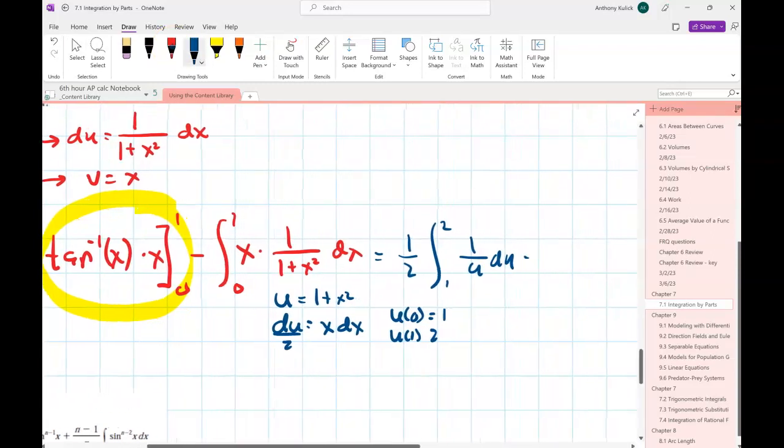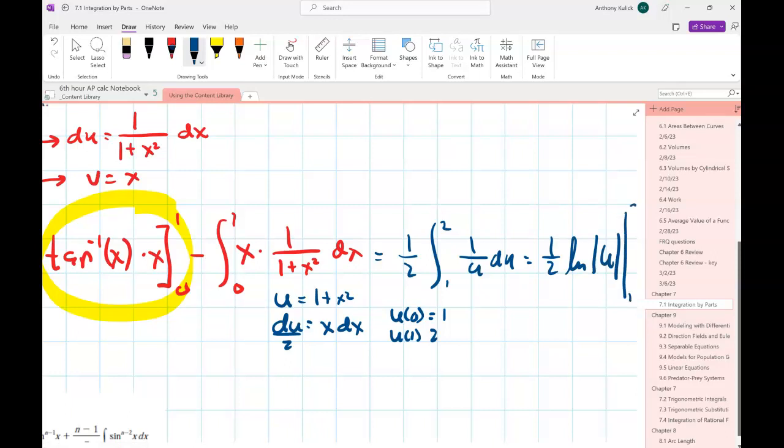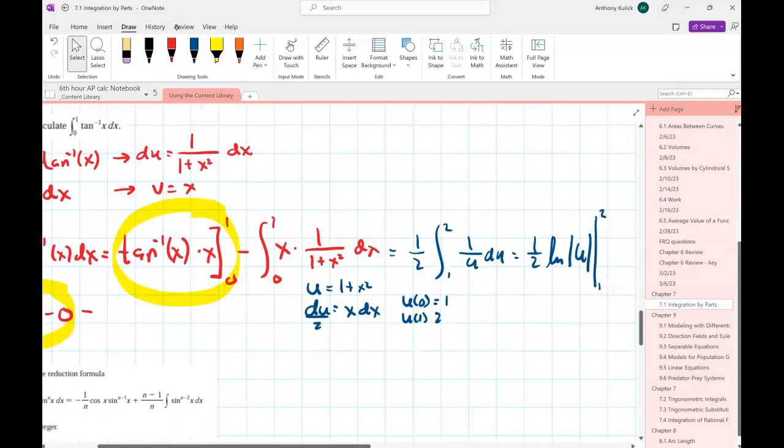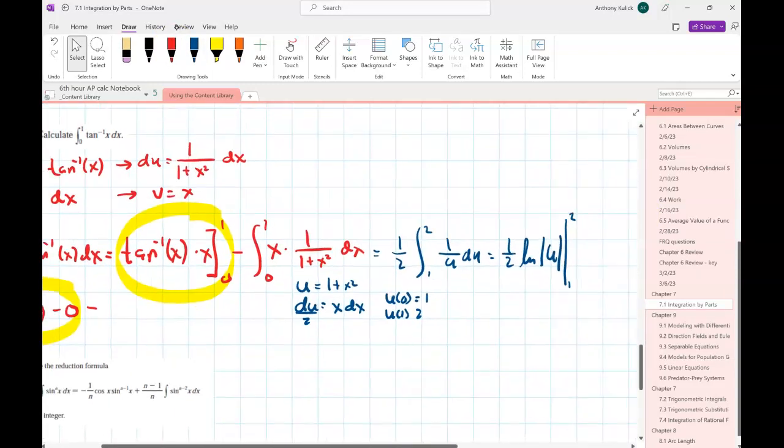What's that antiderivative? Close. Natural log of the absolute value of u. Now, in this case, does the absolute value really matter? No, because 1 and 2 are both positive anyways.